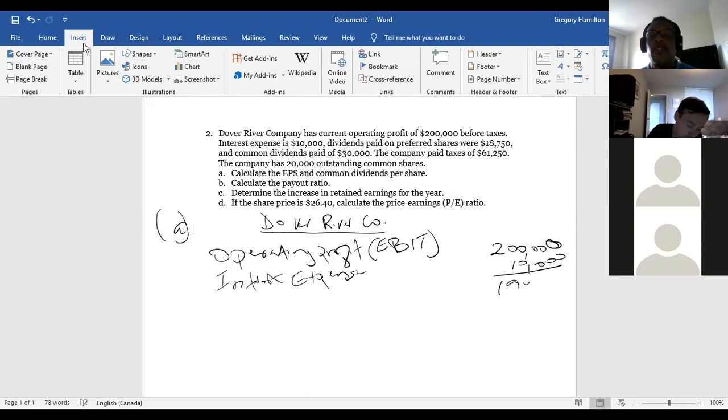So if we take interest expense, we have 190,000. And what is 190,000 called? Earnings before taxes. So earnings before taxes is 190,000, and then we have taxes, and taxes is 61,250.